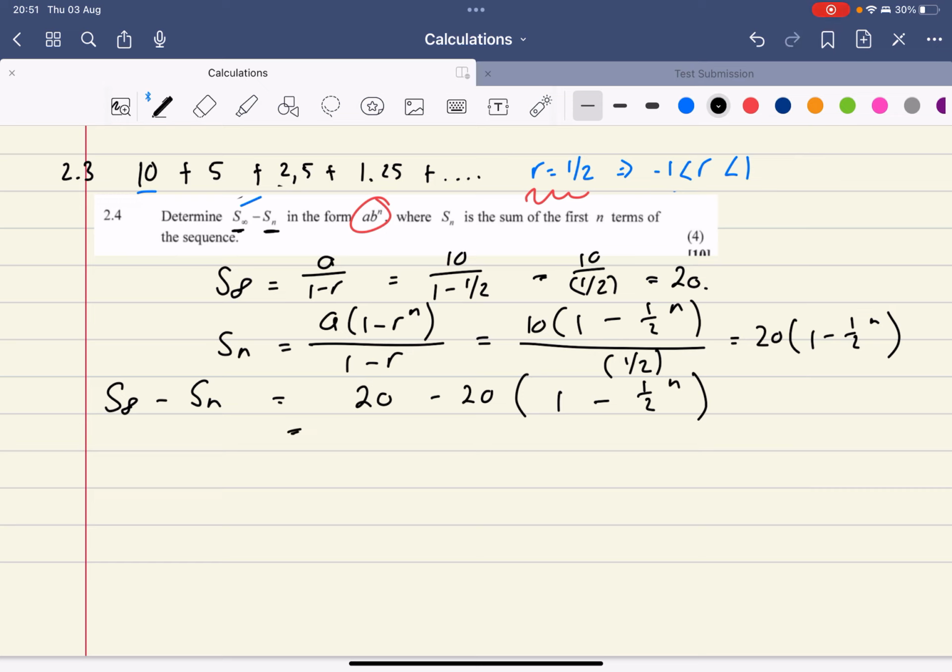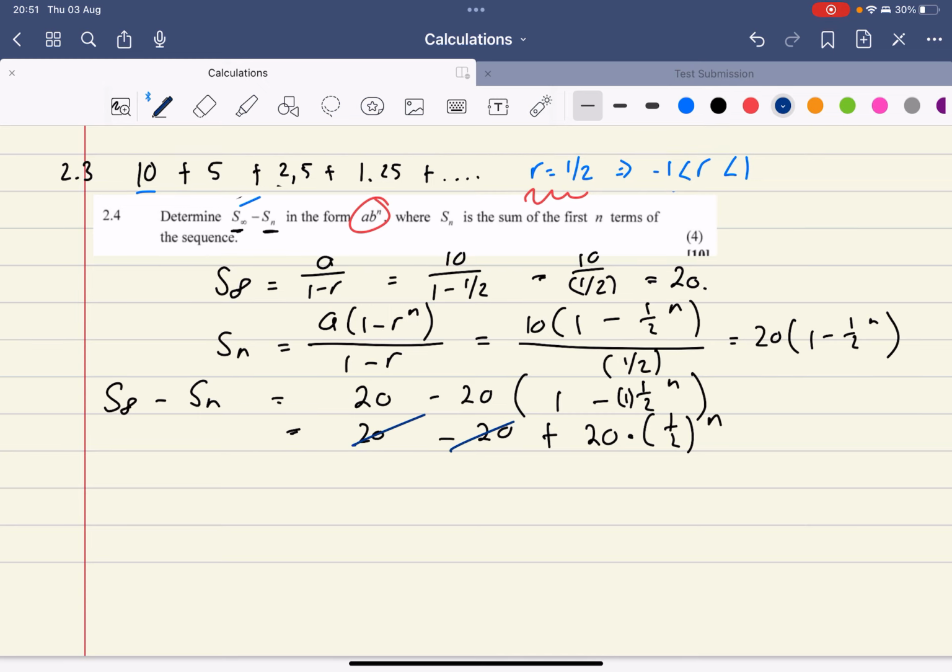So this is equal to 20 minus 20 times 1, so that's 20, and then minus 20 times, if you imagine there's a little 1 here, then we get plus 20 times a half to the n. And then, of course, these 20s cancel very nicely. And we've got this now as 20 times a half to the n.